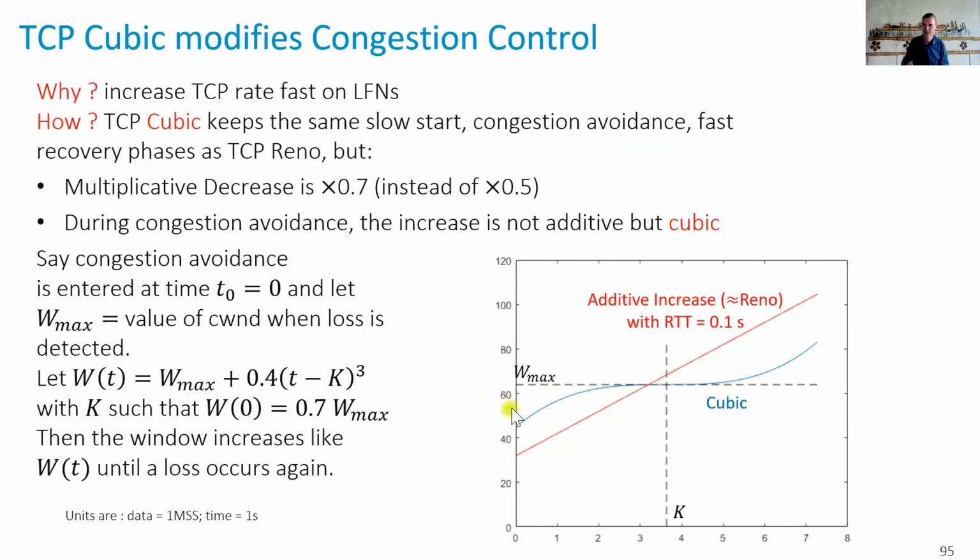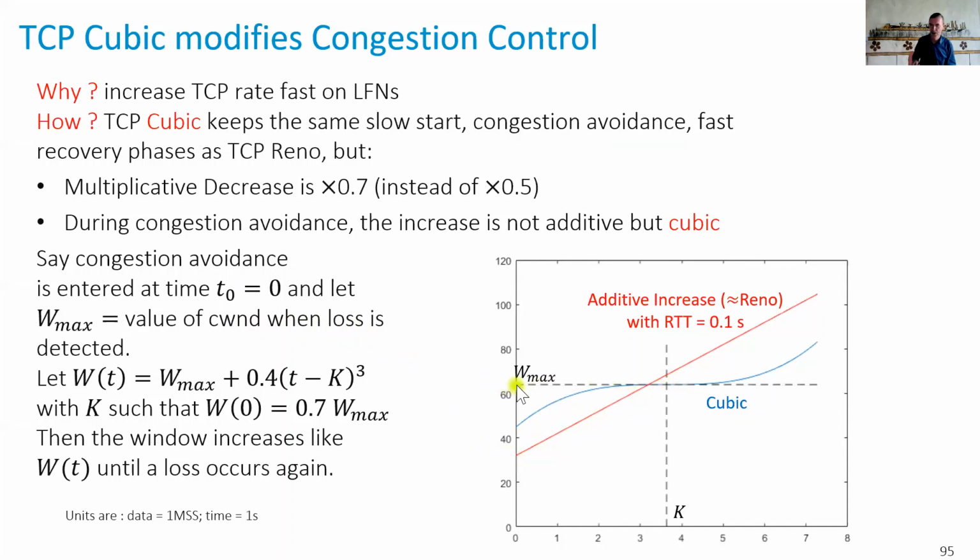This blue function is in fact a cubic function. It's x to the power of 3, rescaled and centered around some value K here, where K is chosen as the time to reach W max. So W max is the value of the congestion window when the loss is detected, which is when we start this phase here.